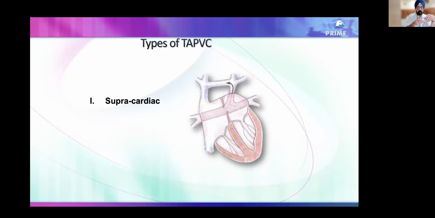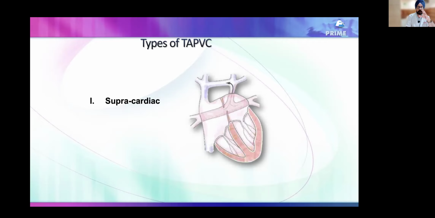Now the veins are coming. They find some vein which was supposed to disappear embryologically but still continues and drains at various places. If all the chambers connect together and the drainage happens supracardiacally, it is supracardiac TAPVC. It can drain into the brachiocephalic vein. It can drain into the superior vena cava. Okay, rarely the azygos vein.